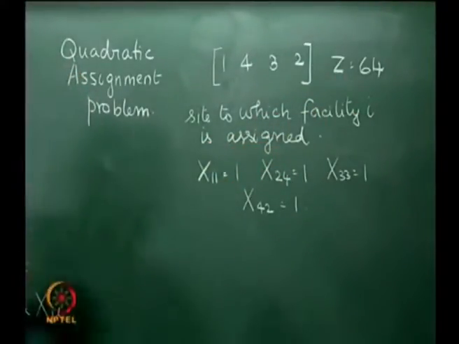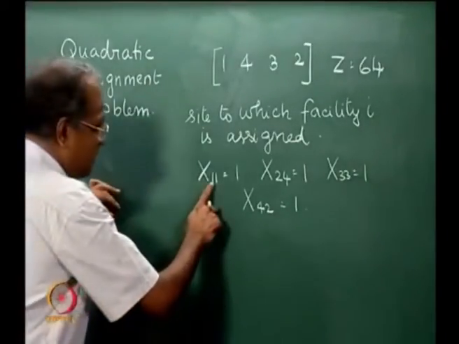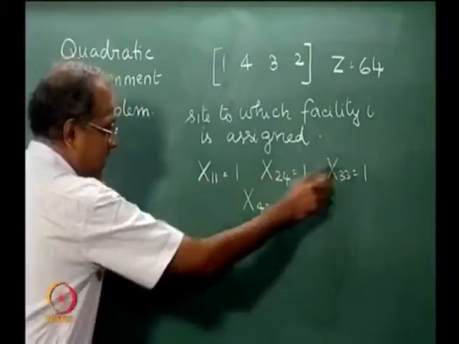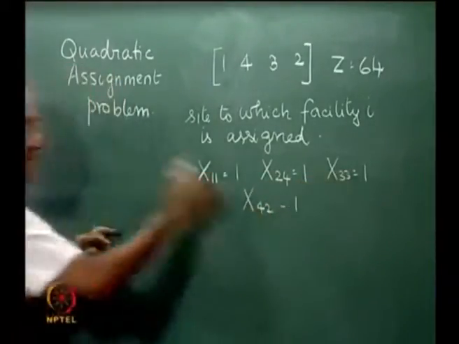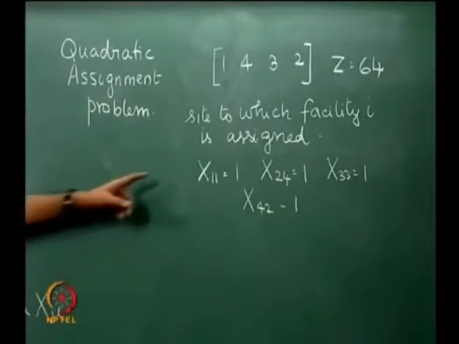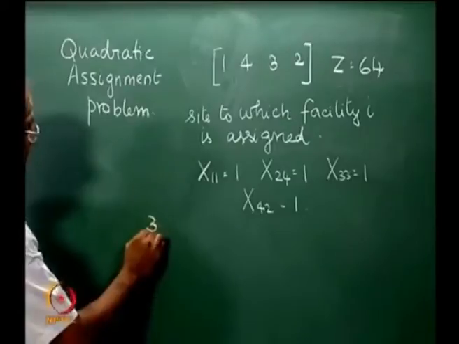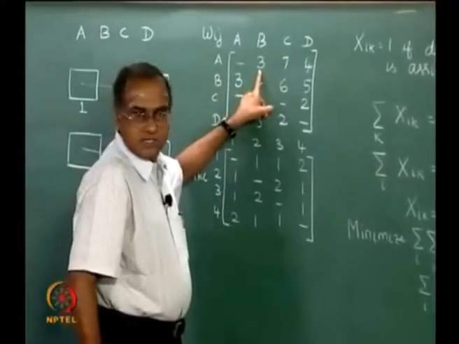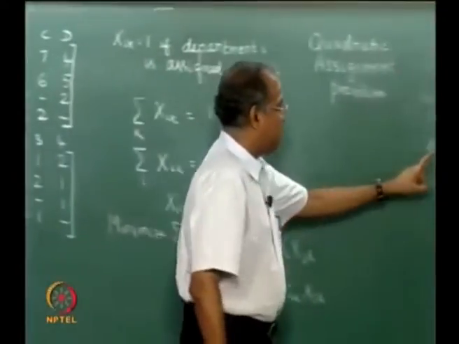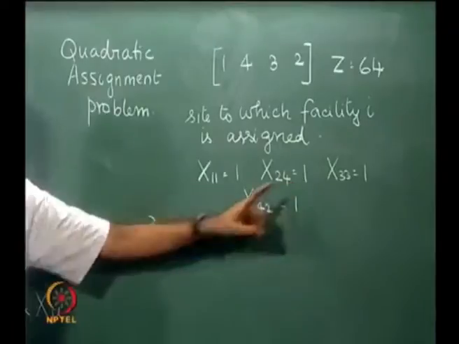Now there will be 6 interactions: between facilities 1 and 2, 1 and 3, 1 and 4, 2 and 3, 2 and 4, and 3 and 4. For facilities 1 and 2, the material movement is 3, and 1 and 2 are allocated to sites 1 and 4 respectively.